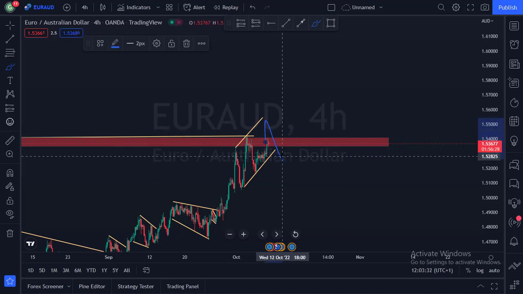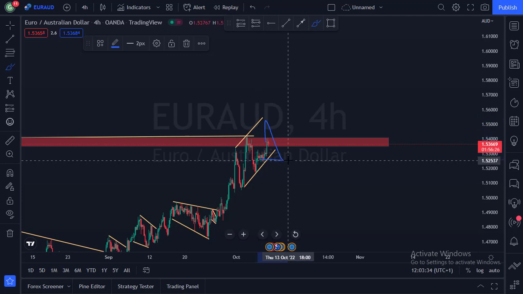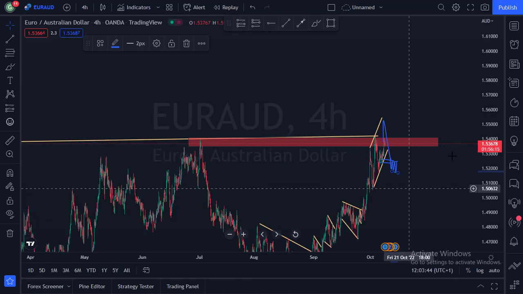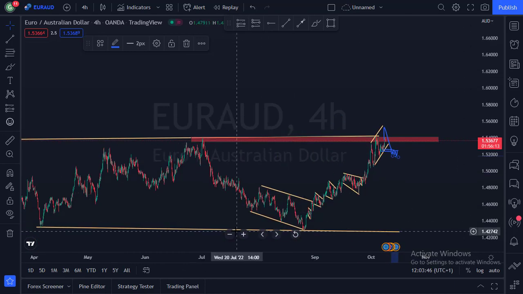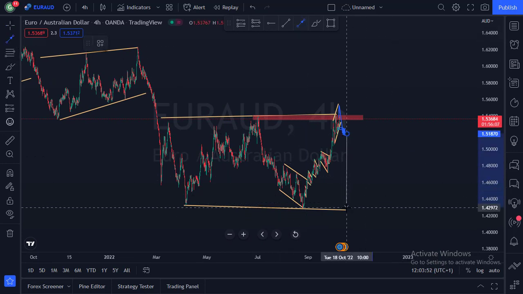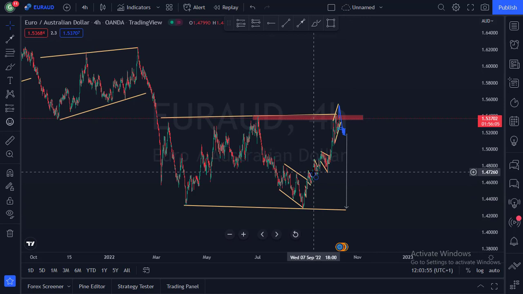But I won't be getting into any trade until this structure is broken right there and price forms a correction like so. Then I'll be happy to look for a sell on Euro AUD and ride that sell all the way to the downside. This is going to be an amazing trade, but let's see how it plays out.